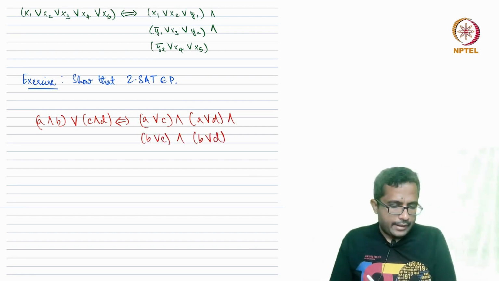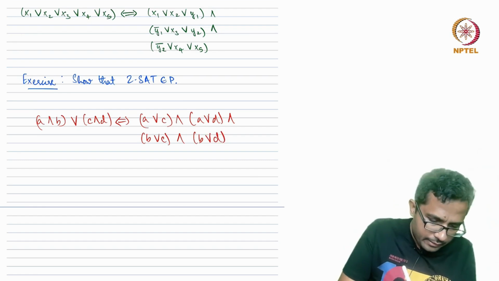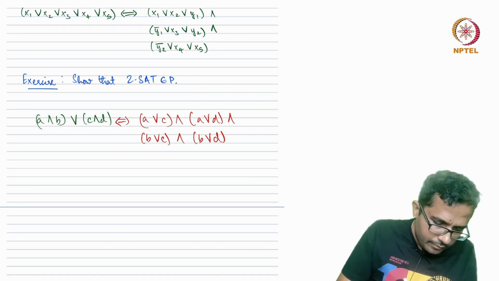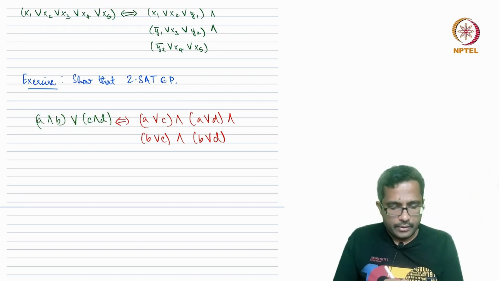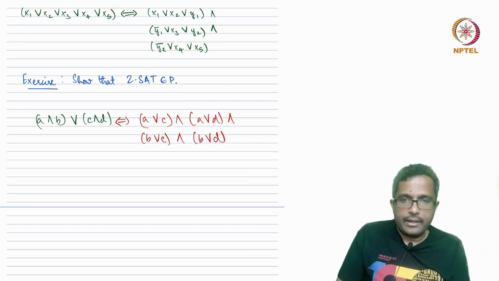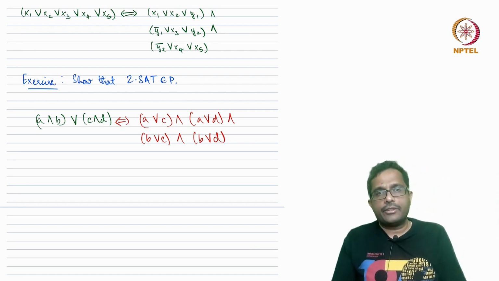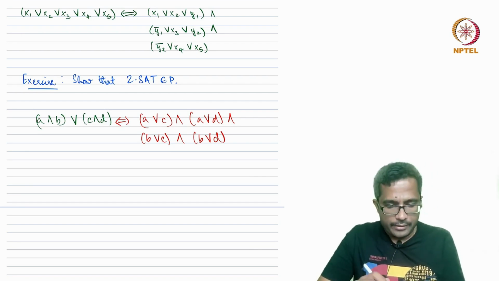You can verify that the formula on the left is true if and only if the formula on the right is true, right? The left formula is true if either A and B is true or C and D is true, and the same thing is required on the right.